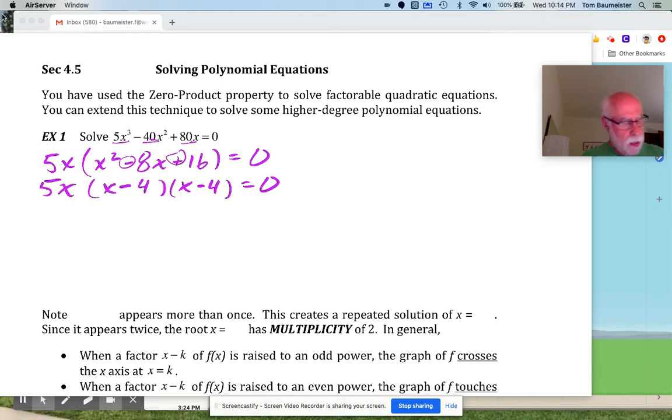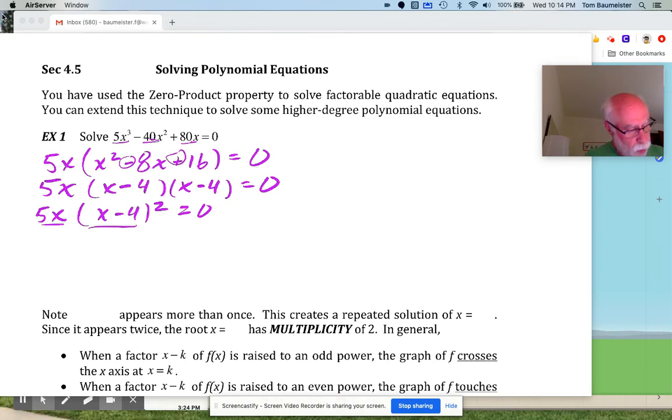Or, like I said before, we can write that as 5x times x minus 4 squared is equal to 0. So now remember, according to the zero product property, this is being multiplied to that.